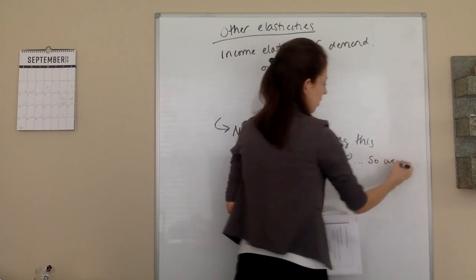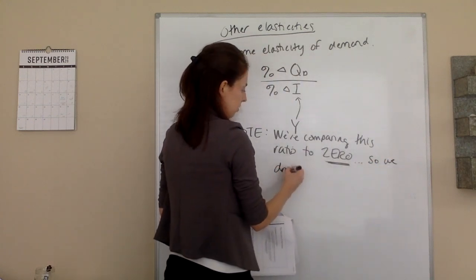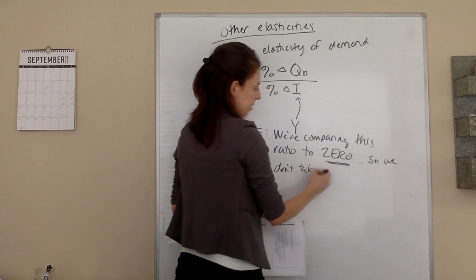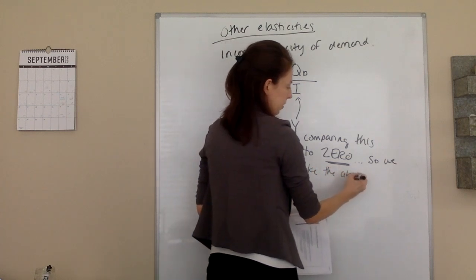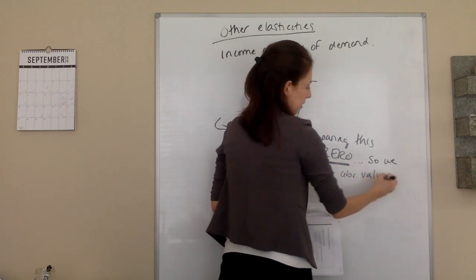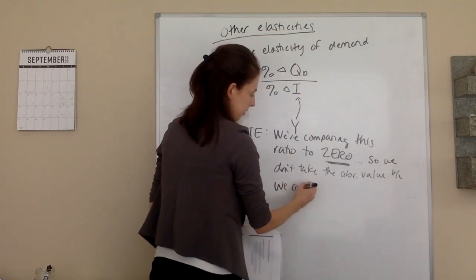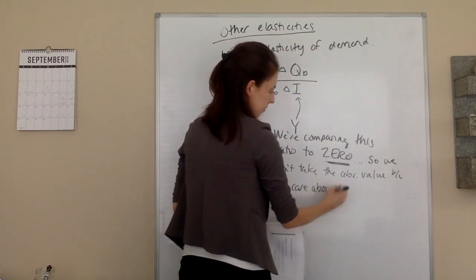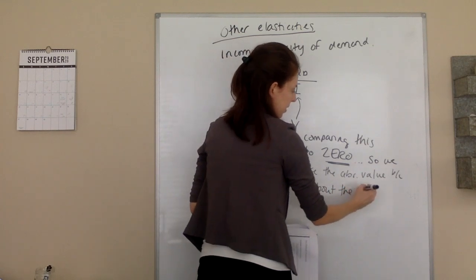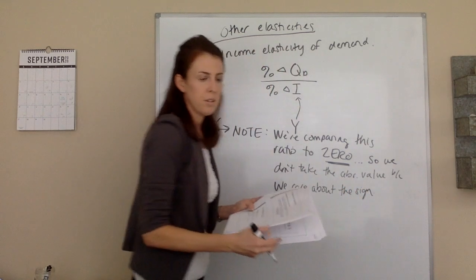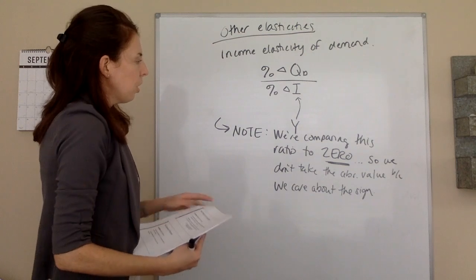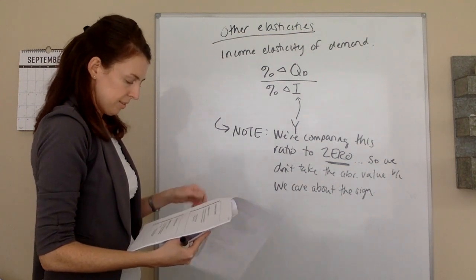So we don't take the absolute value because we care about the sign. And by sign, I mean whether or not the whole ratio is positive or negative. Okay, think about why we care about the sign.